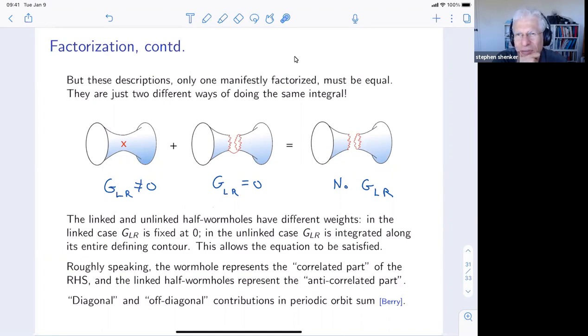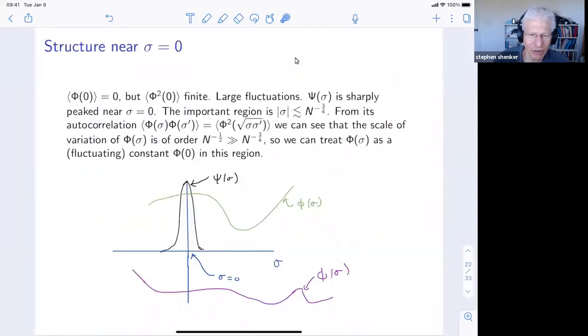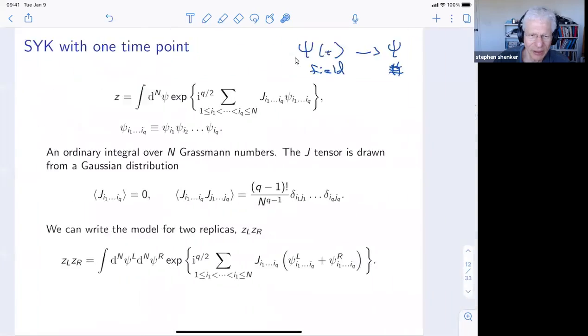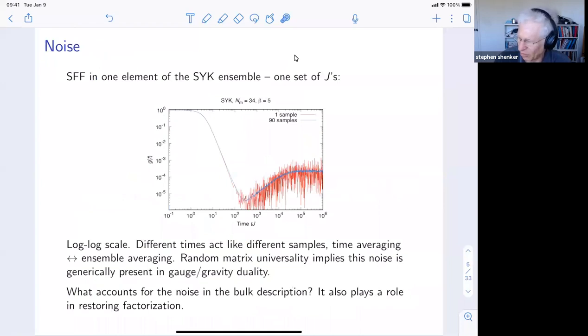But if you take the correlation function and go to long times, you'll find the correlation function starts oscillating erratically, just like the spectral form factor, which is supposed to be a caricature of that. This would be like your quasi-normal mode decay. But then it doesn't go all the way to zero because there's some graininess in the system. And from the boundary, we know the graininess will make the two-point function look something like this.